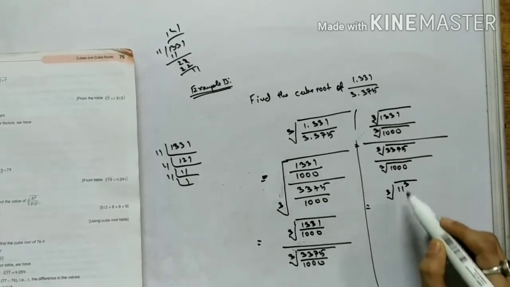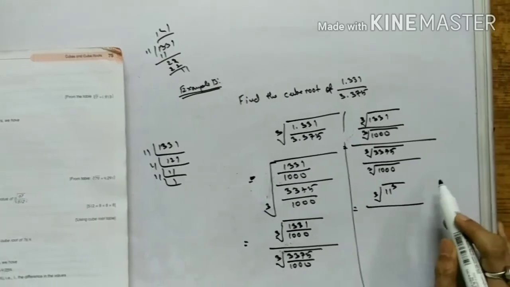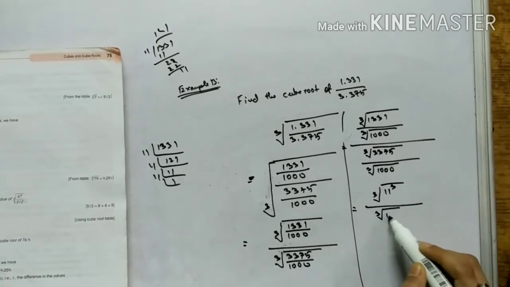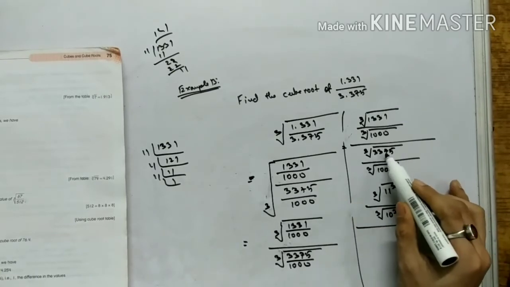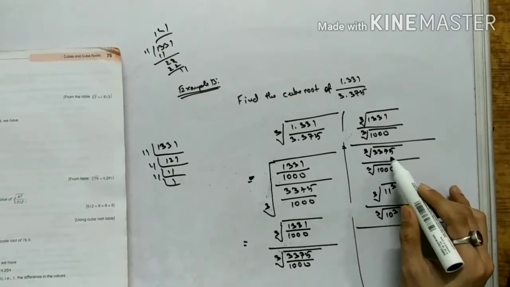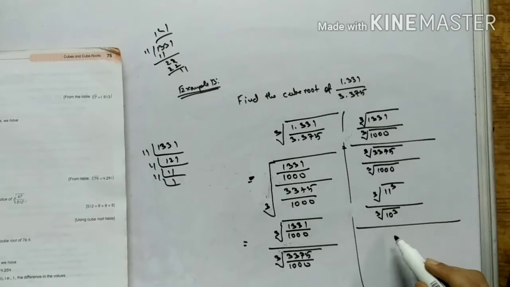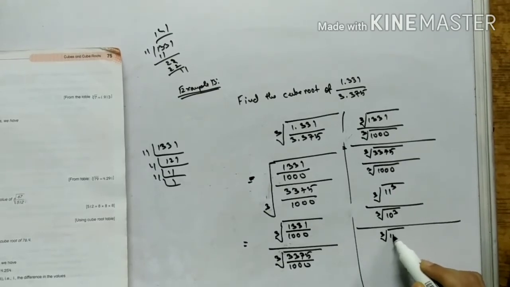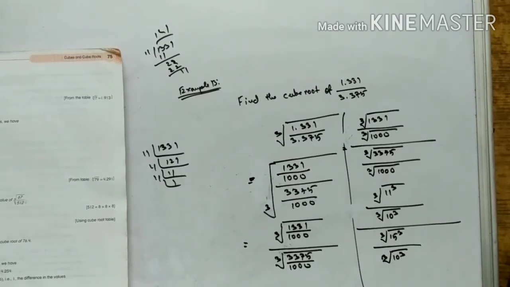Cube root of 11 cube by, and 1000 is 10 cube, cube root of 10 cube by 3375, this is 15 cube. So cube root of 15 cube by, this is again cube root of 10 cube.